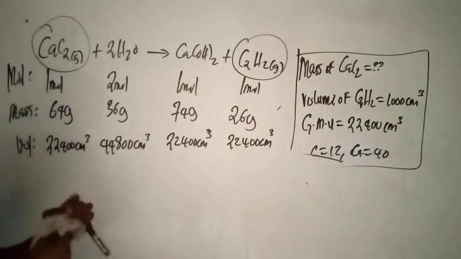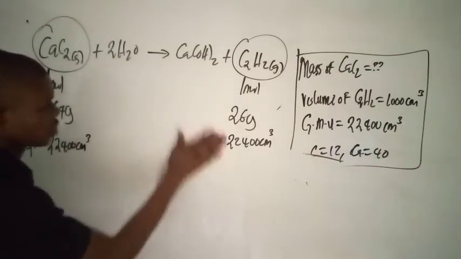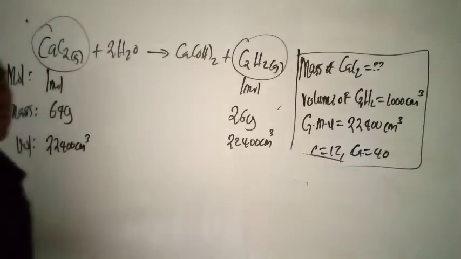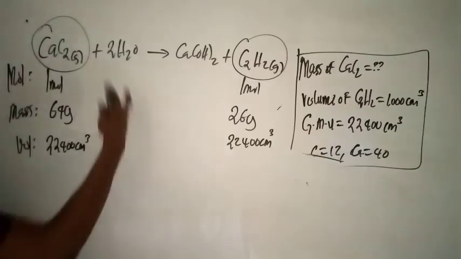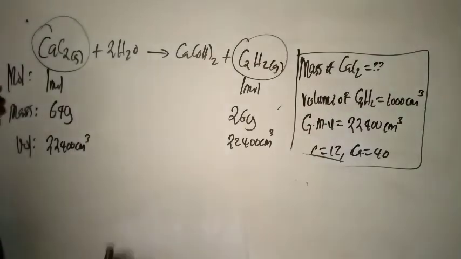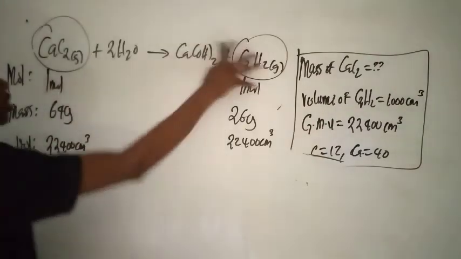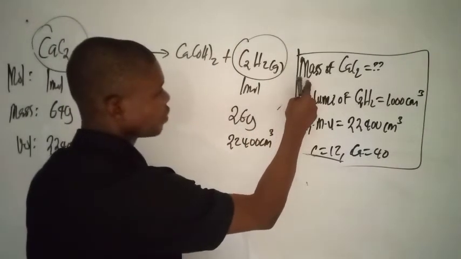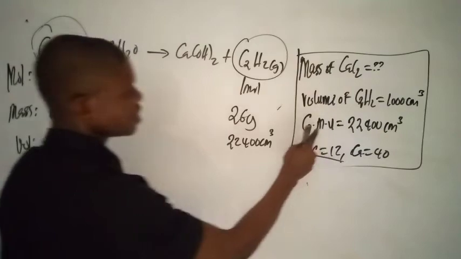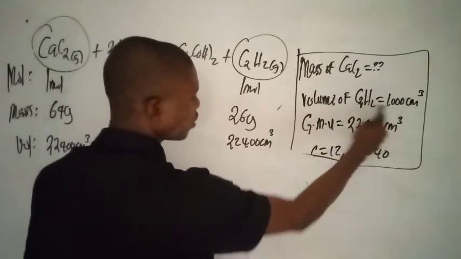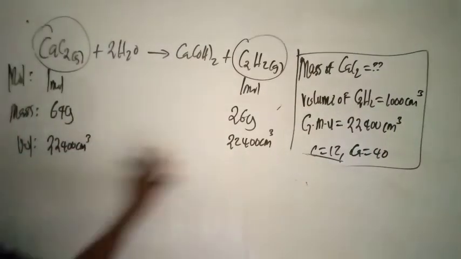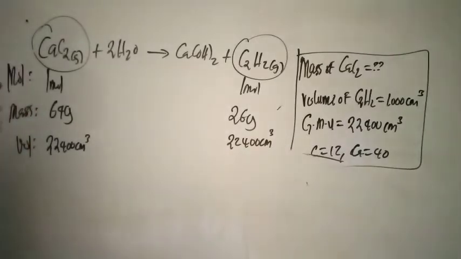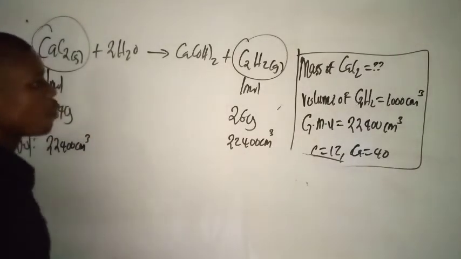What I have to just focus on is these 2 points here, because there won't be time for you to start solving everything here, right? So in the exam, focus on these 2 things we are being given. They want us to look for the mass of calcium carbide, and we are being given the volume of acetylene gas. So you just have to focus on these 2 points here. Hope you understand, for exam purpose.